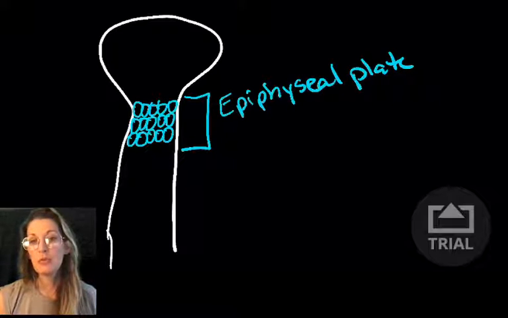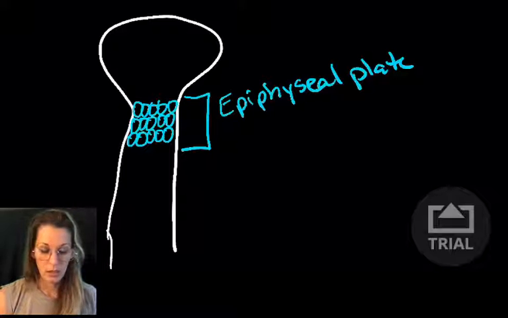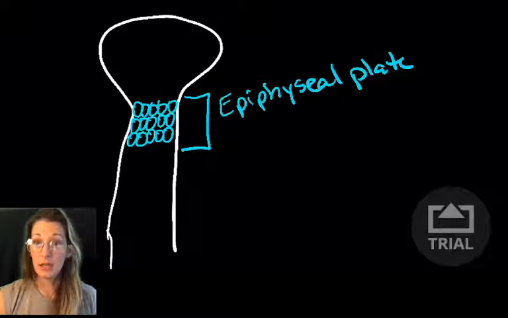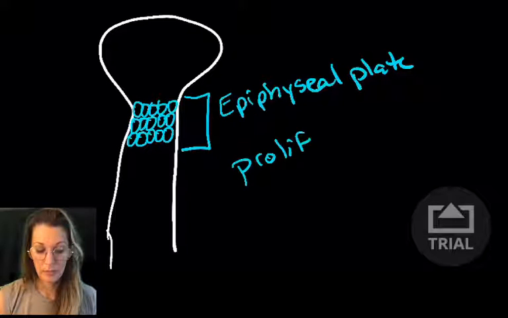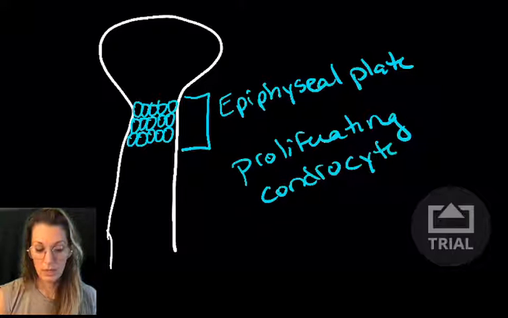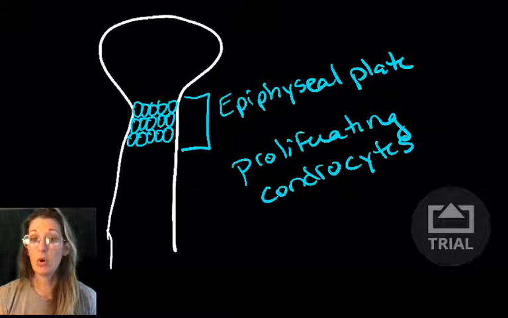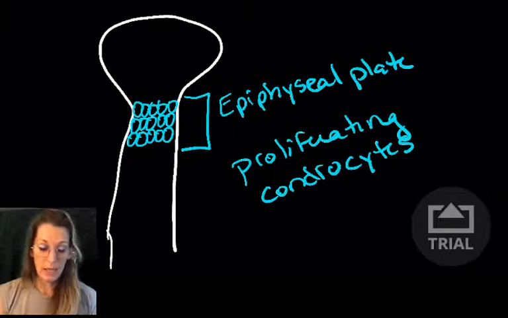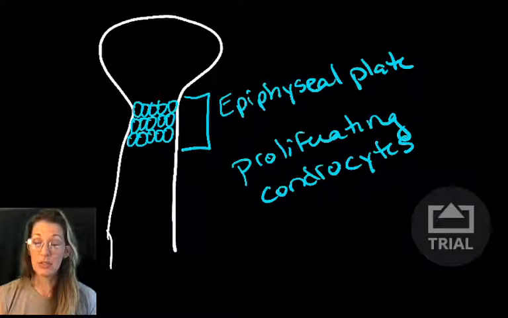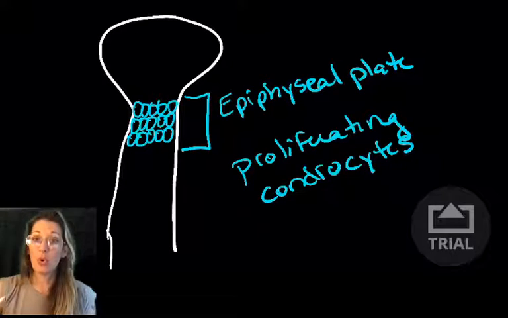And what happens is before puberty, these cells that are here are called proliferating chondrocytes. What the heck does that even mean? Proliferating means that they're making more of themselves, they're growing. And so these chondrocytes are really, really mitotically active, and they're making more and more of themselves.